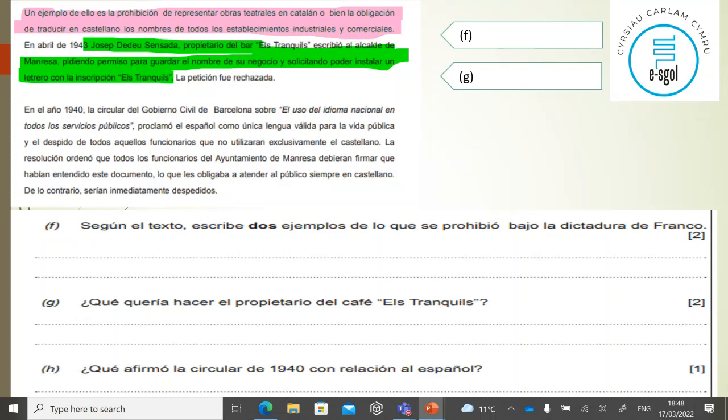And question H, ¿qué afirmó la circular de 1940 con relación al español? En el año 1940, la circular del Gobierno Civil de Barcelona proclamó el español como única lengua válida para la vida pública y el despido de todos aquellos funcionarios que no utilizaran exclusivamente el castellano.